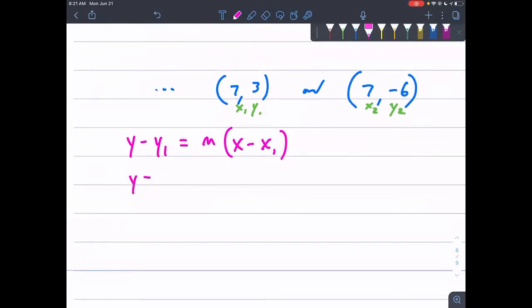So y minus y1. M we don't know yet, so I'll skip that. x minus x1, which is 7.